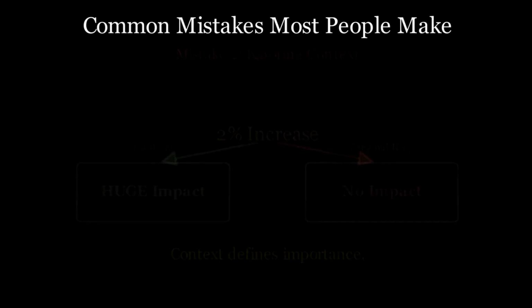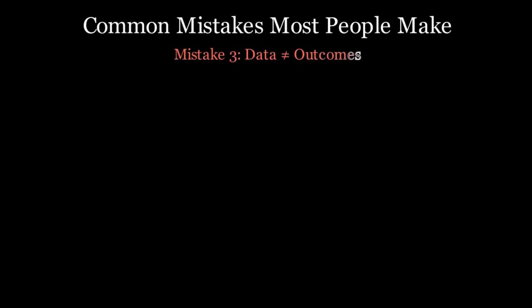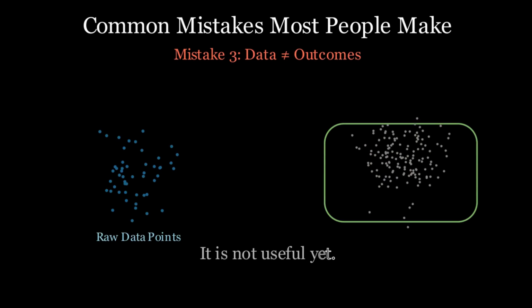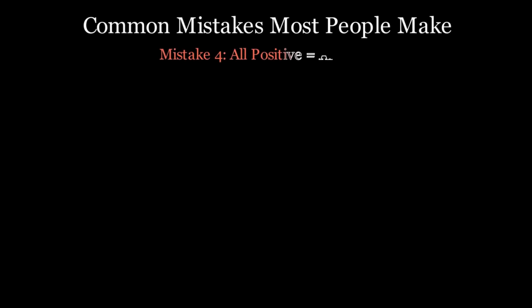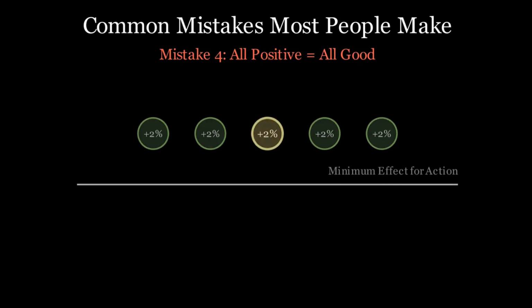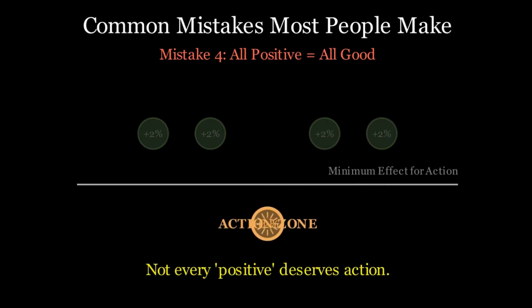Context defines importance. Mistake 3: not connecting data to real outcomes. If you cannot translate your result into money, users, time, it is not useful. Mistake 4: treating all effects equally. Treating all positive results equally, but not every positive result deserves action.